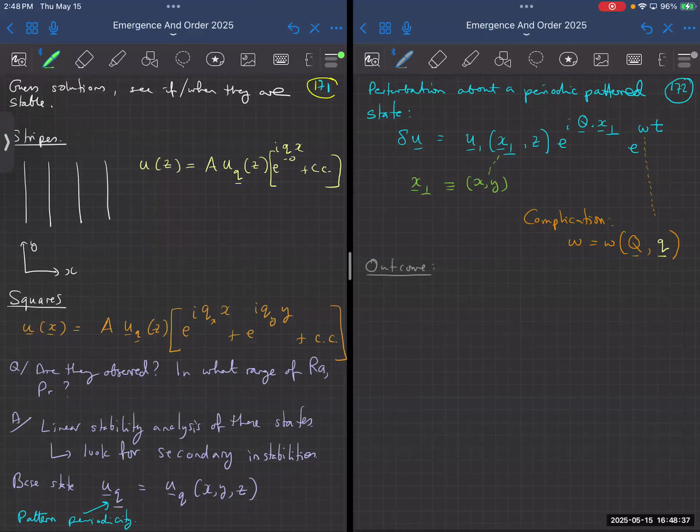So I'm going to plot up here. Here I'm plotting the Rayleigh number, and then here I'm plotting Q, the pattern.